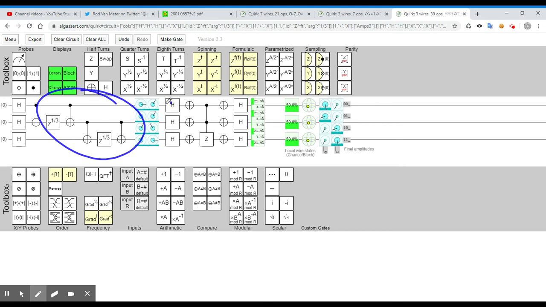But then when you apply the amplitude amplification, that reverses the whole thing and turns it into a more powerful, creative interference.